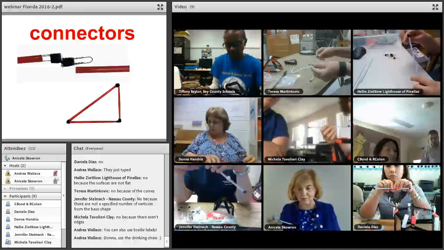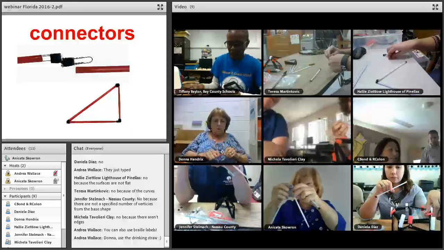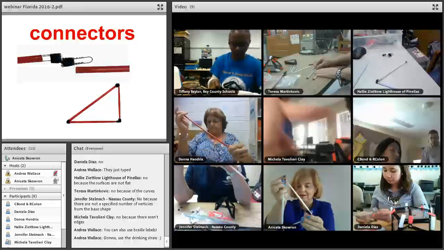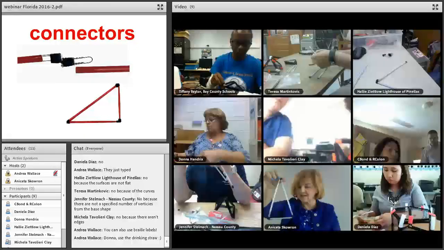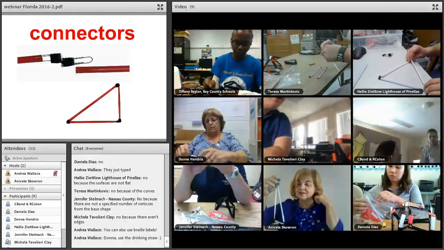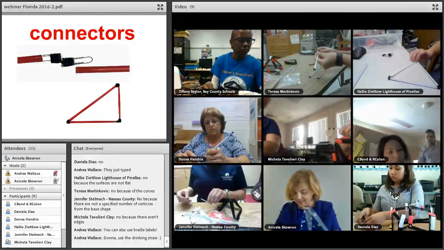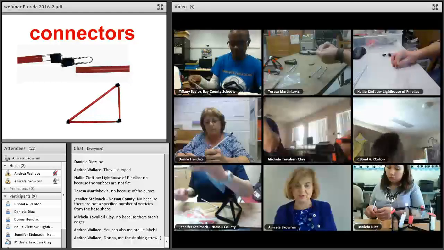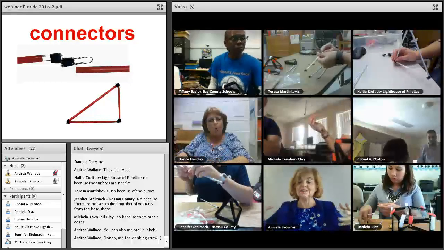So if you make a few like that, I have two or three, I can now make any kind of triangle that I want, and it will stick, because I can cut those straws to any length I need.